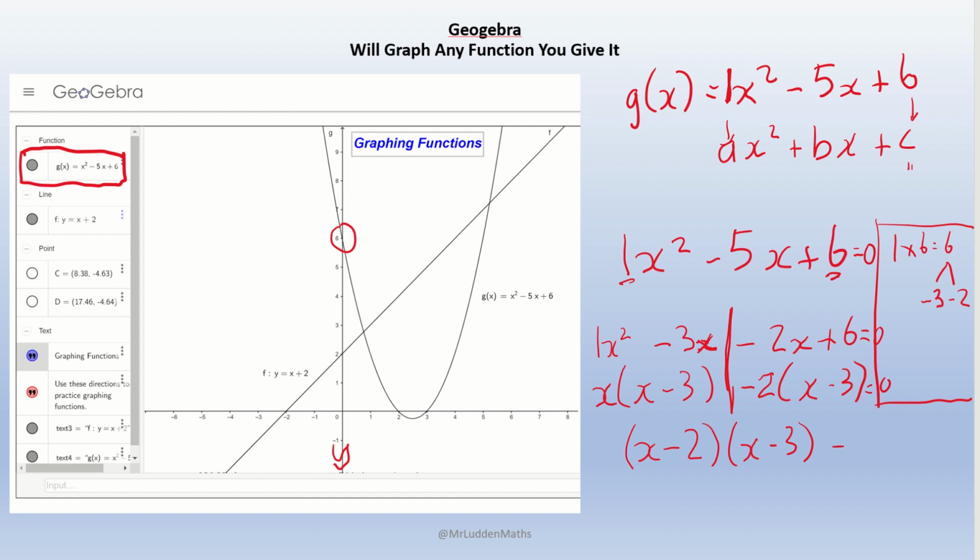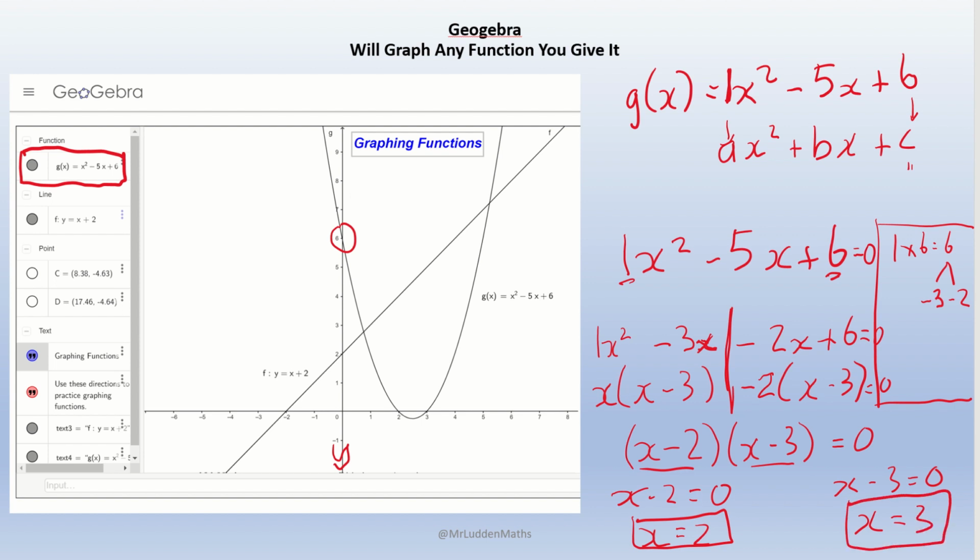Now if this times this is equal to 0, it means x minus 2 is equal to 0, or x minus 3 is equal to 0. For my situation over here, if I add 2 to both sides, I'm going to have x is equal to 2. And on this side, if I add 3, I'm going to have x is equal to 3.